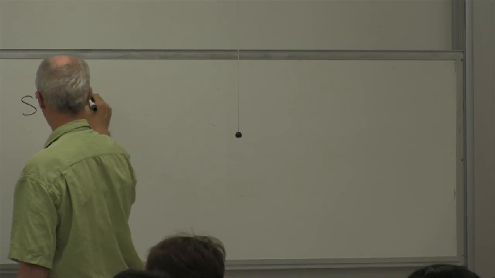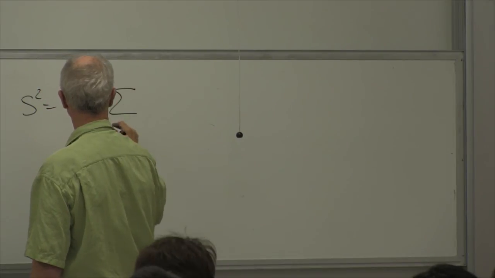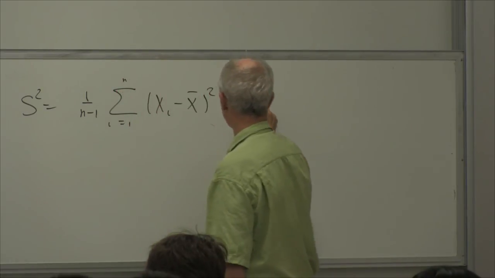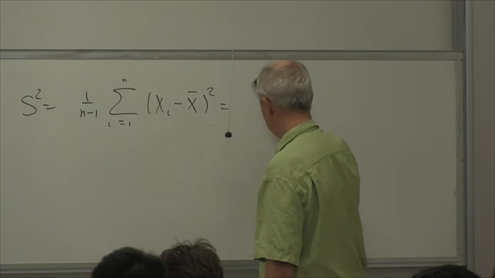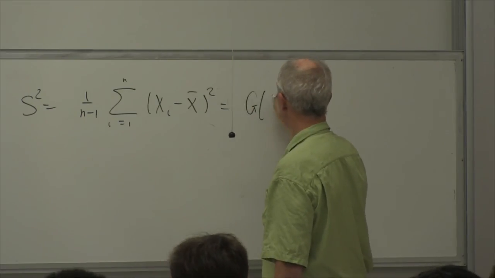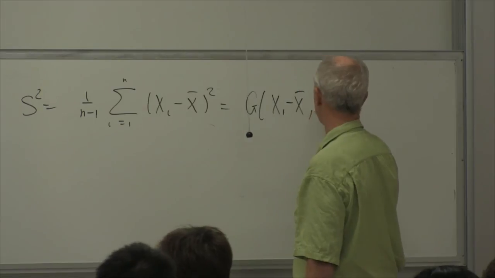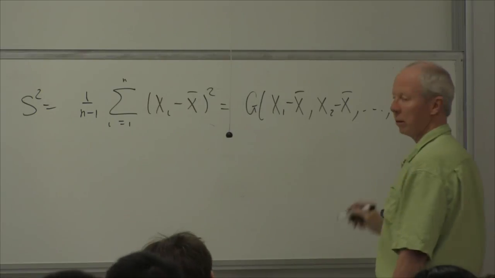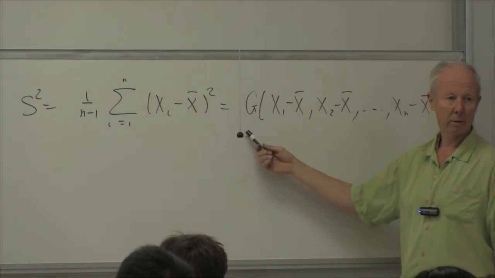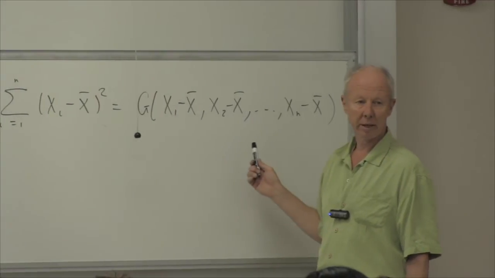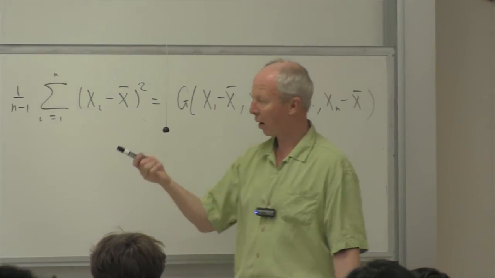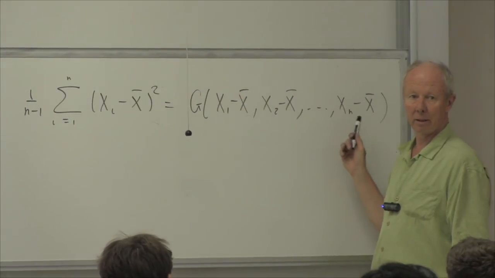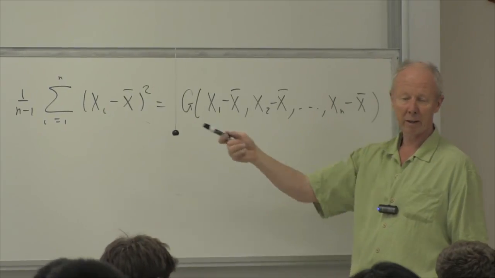S squared, remember, was 1 over n minus 1, sum i equal 1 to n, of (xi minus x bar) squared. This is a function g of x1 minus x bar, x2 minus x bar, through xn minus x bar, right? It depends on these differences. S squared is a function of these differences. X bar is independent of this vector. This is a function of the vector that's independent of x bar.